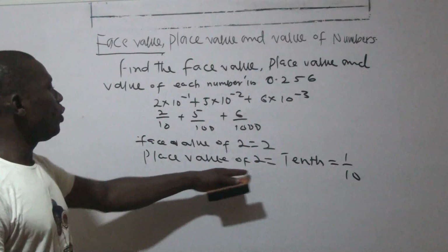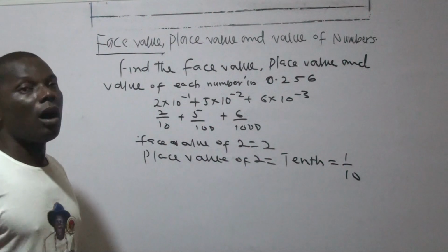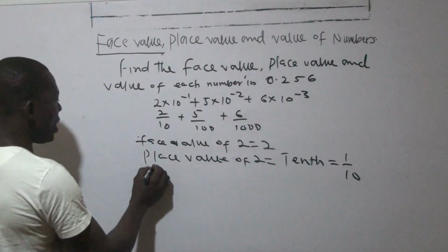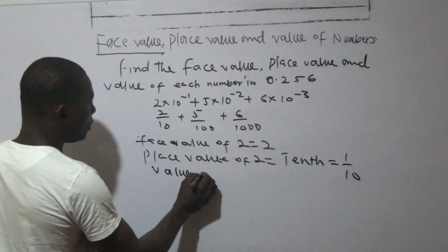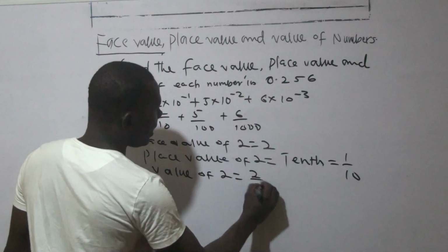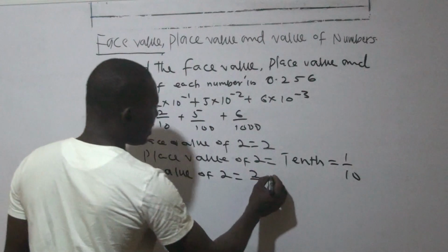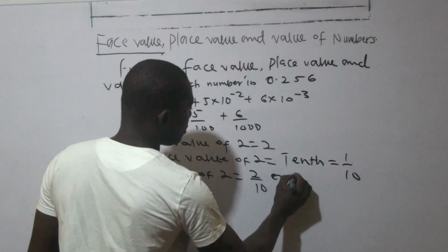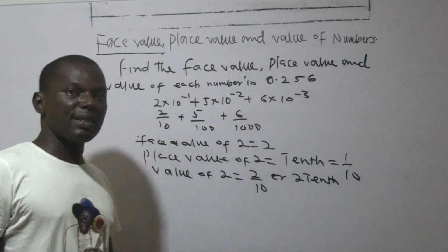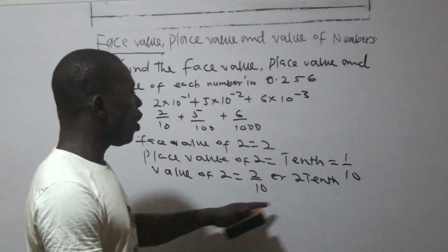That's the place value of 2 in these given numbers. So if I say the value of 2 here, the value of 2 is 2 over 10, or we can say it is 2 tenths. That is the value of 2.